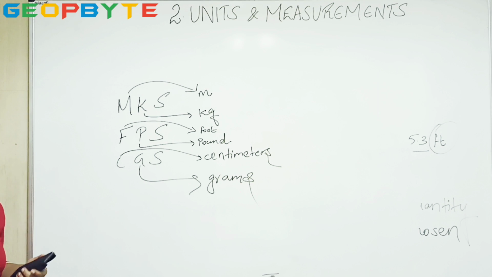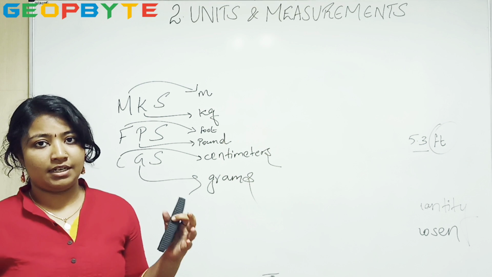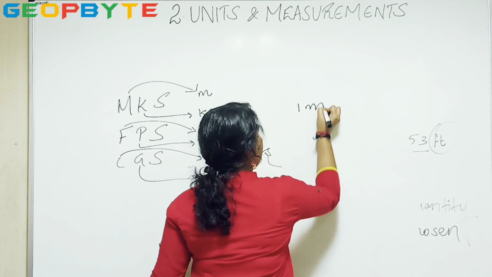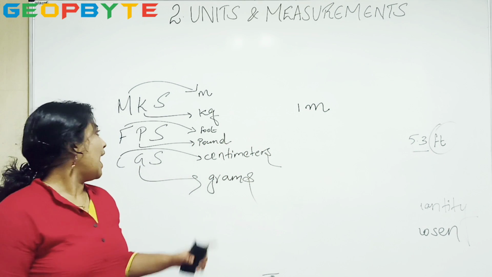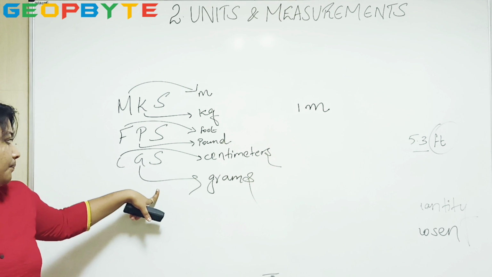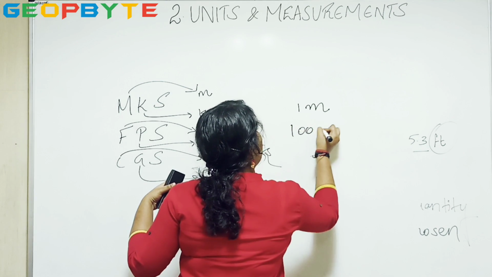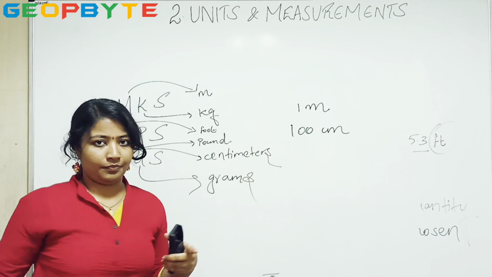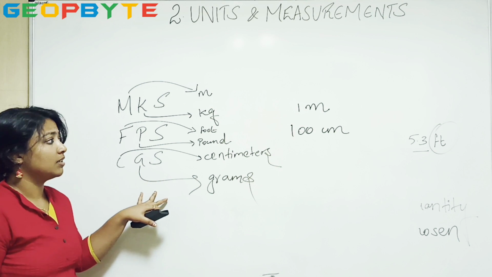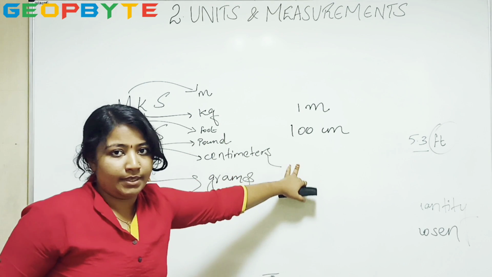To make you understand, if I measure a certain length and I tell it as 1 meter, a person using the CGS system will write this as 100 centimeter. So in this system, this will represent this physical quantity in centimeter.